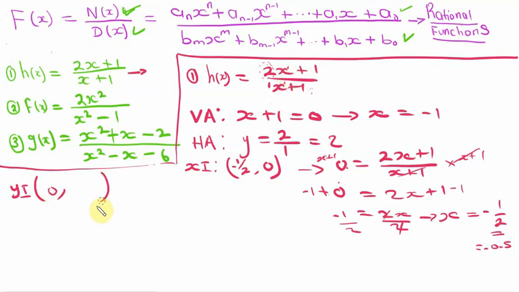So y equals 2 multiplied by 0 plus 1, divided by 0 plus 1. That's 1 over 1. So when x is 0, y is 1. Cool. Nice.